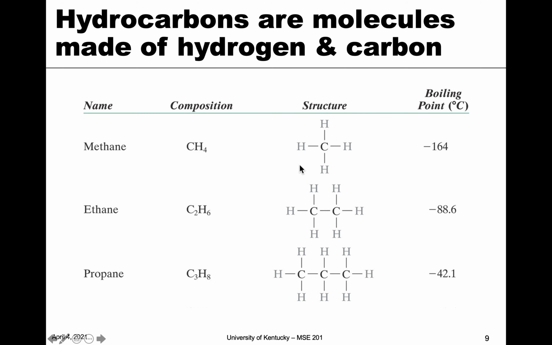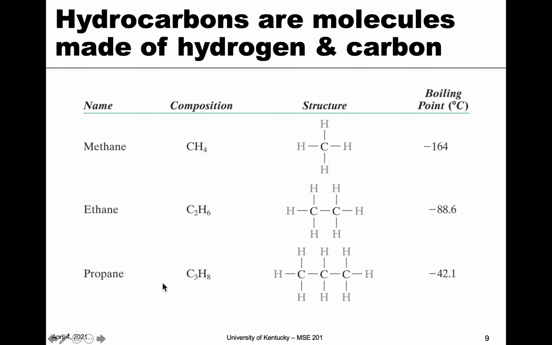So we have carbon bonded to 4 hydrogens. It has a very low boiling point, so it's a gas for most intents and purposes. If we keep adding carbons, and we have a carbon-carbon bond, and then the rest are filled out by hydrogens, we have C2H6. This is ethane, and it has a slightly higher boiling point.